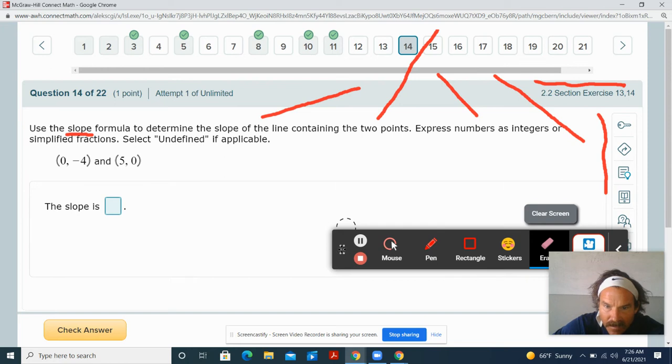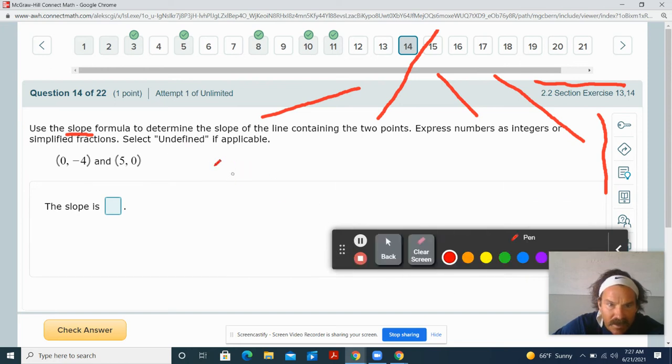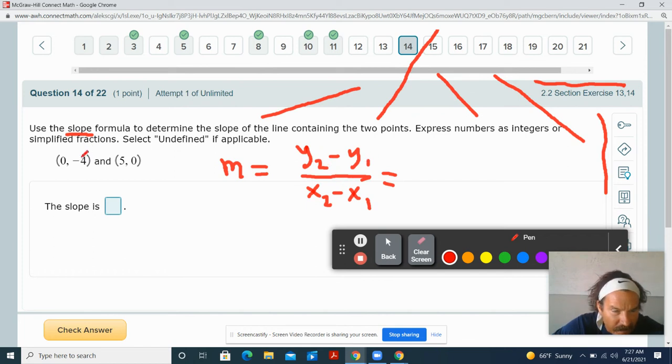The slope formula: they call it M, not S, for slope. So M is equal to the slope, and it's y2 minus y1 over x2 minus x1. Now these 1s and 2s are not exponents; they're called subscripts, and they're there so that you keep track of your 1s and 2s because you have 2 y values and 2 x values.